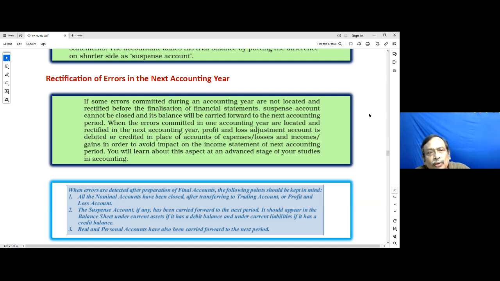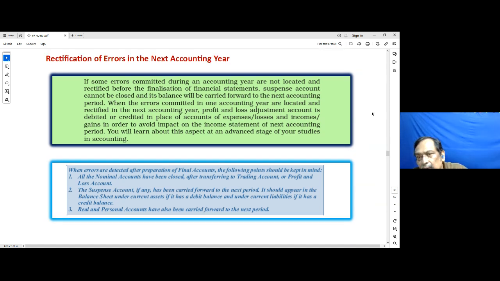If some errors committed during an accounting year are not located and rectified before the finalization of financial statements, the suspense account cannot be closed and its balance will be carried forward to the next accounting period. So when errors committed in one accounting year are located and rectified in the next accounting year, profit and loss adjustment account is debited or credited in place of accounts of expenses and losses and incomes and gains, in order to avoid impact on the income statement of the next accounting period.